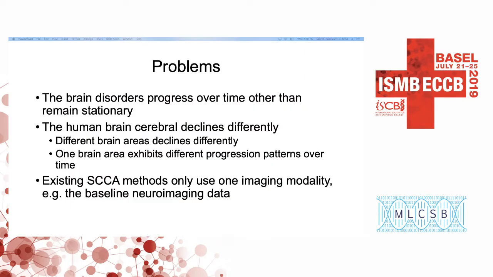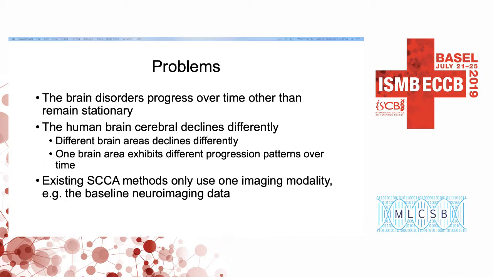So the question is, the brain disorder progresses over time, and the brain declines differently. First, different brain areas decline differently, and even one brain area declines differently at different stages of the disease.